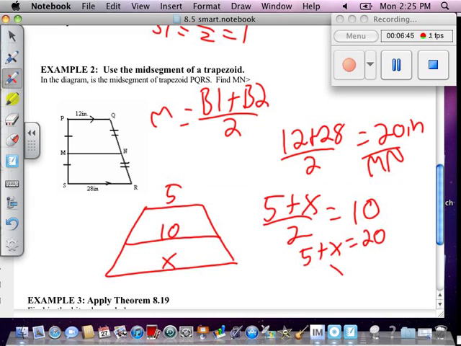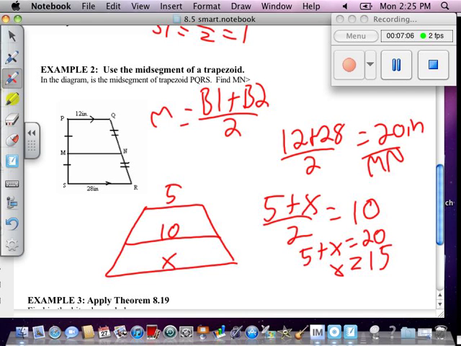X equals 15. That's supposed to be an equals, not a Z. I don't know why it's doing it. Any questions about this? You guys think you could solve those pretty easily?